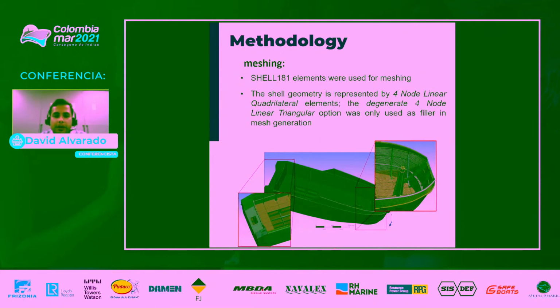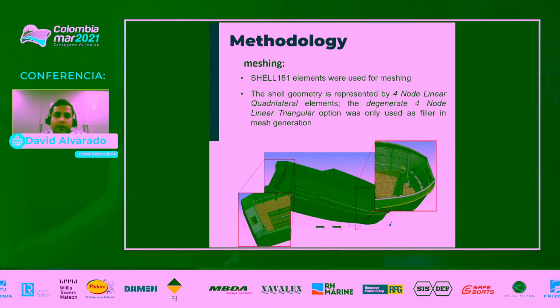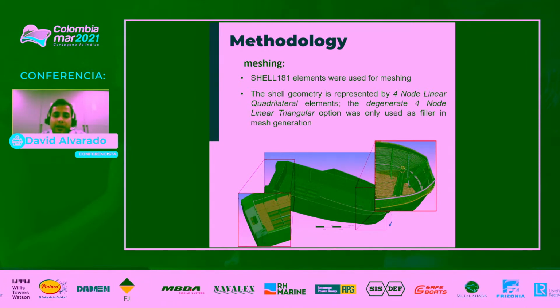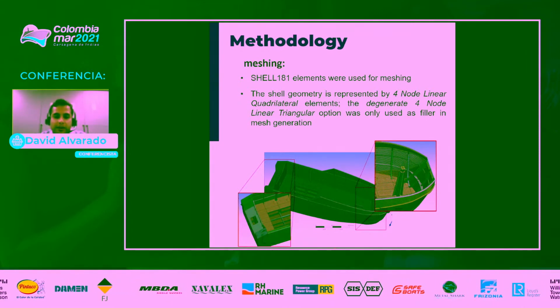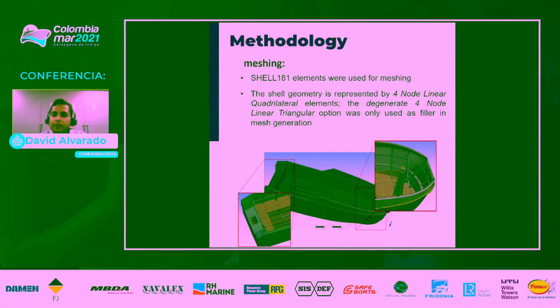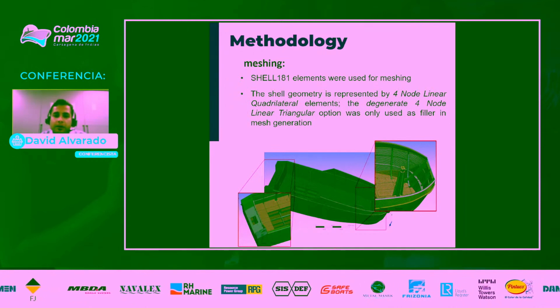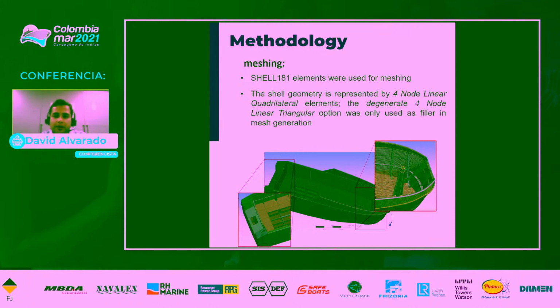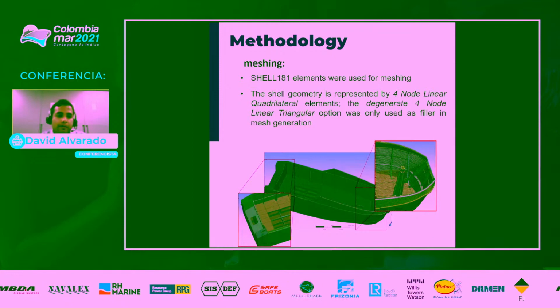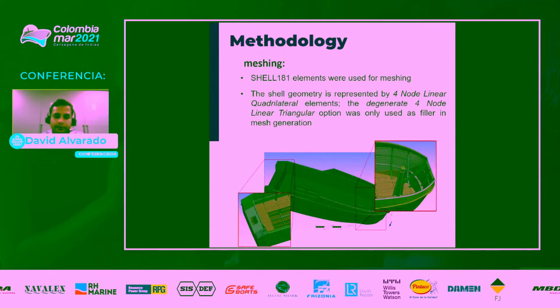Now, for the meshing, we use Shell 181, ideal for surfaces of this kind of thickness, with quadrilateral elements, and the triangular elements are only used as filler.